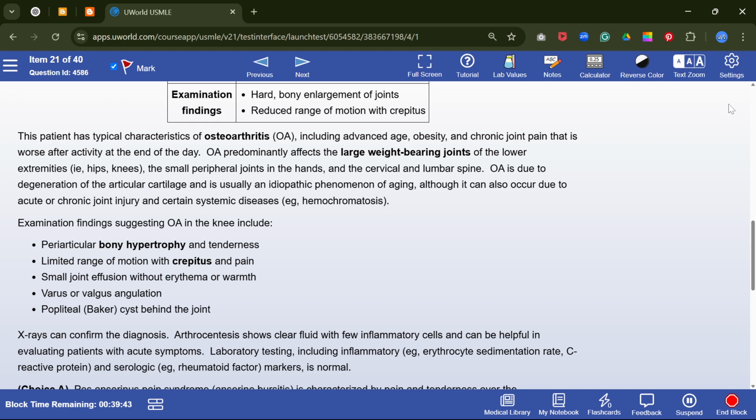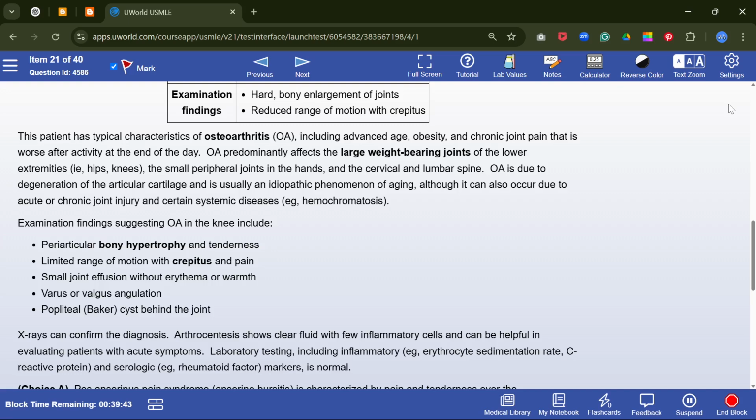OA is due to degeneration of the articular cartilage and is usually an idiopathic phenomenon of aging, although it can occur due to acute or chronic joint injury or certain systemic diseases such as hemochromatosis.